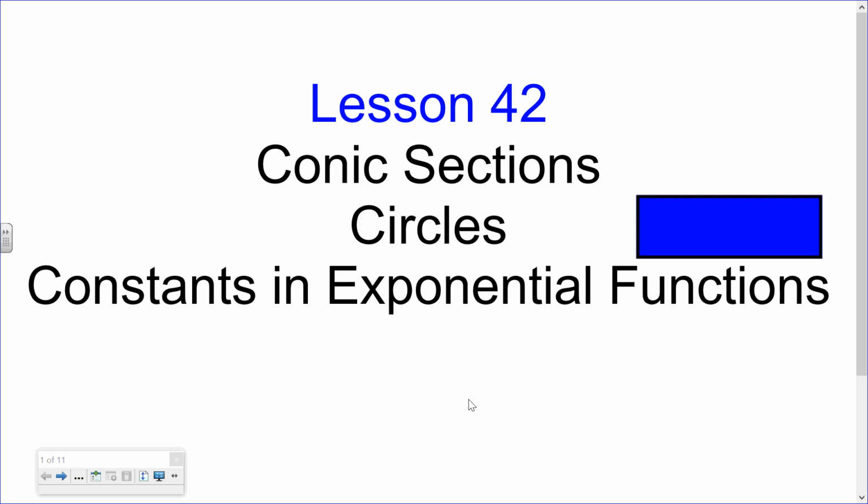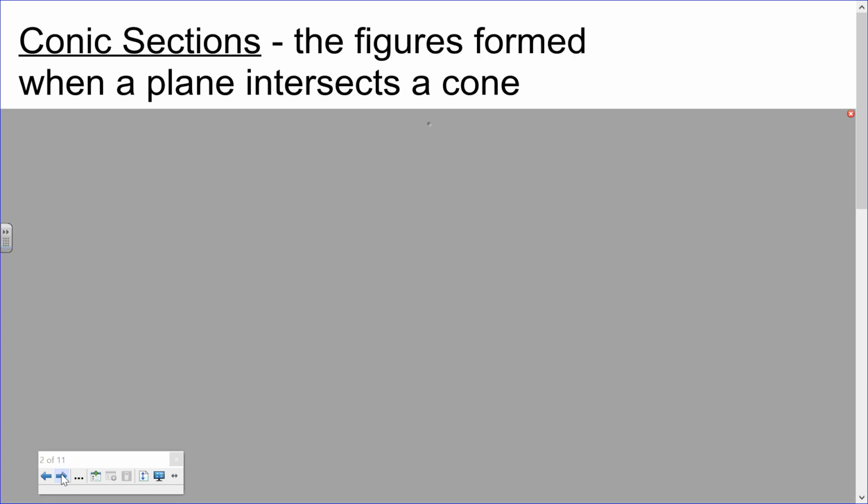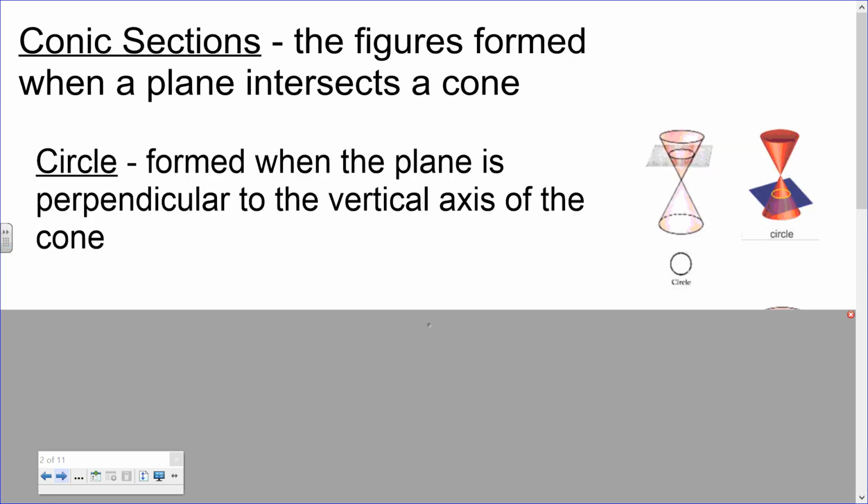Can you imagine any other shapes you might get if you cut through the cone a little bit different way? So we've taken our cone, we've cut, and we've got a circle. What if we tilt this plane a little bit different way? Can you think of any other shapes that we might get? Abby?